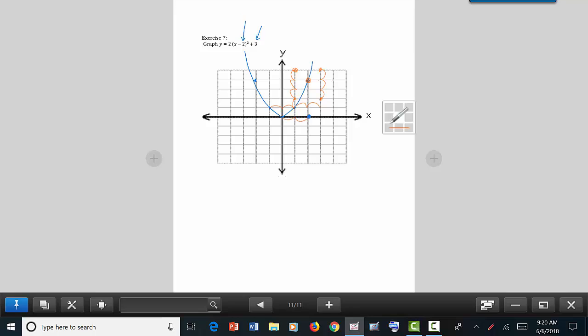The original height is how much? 4. So double of the height is 8. So the height should be 8, and then adding 3.